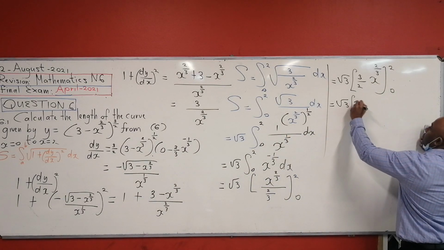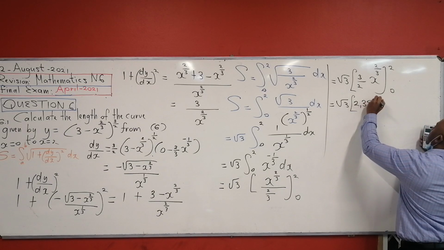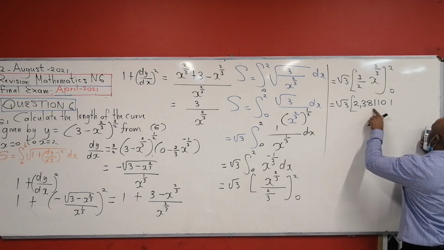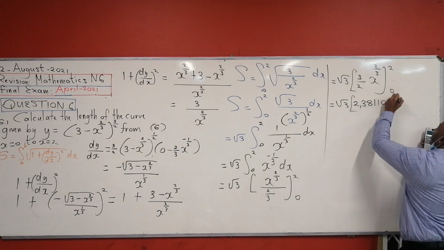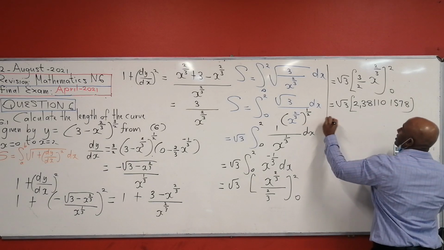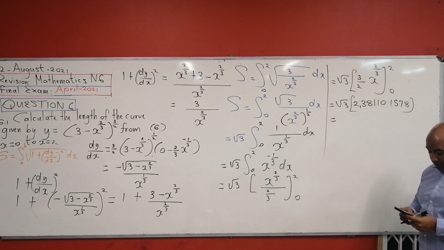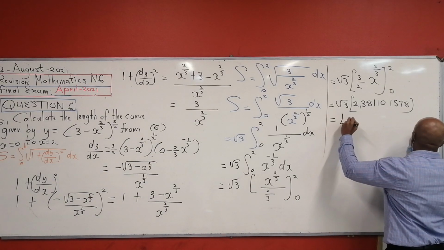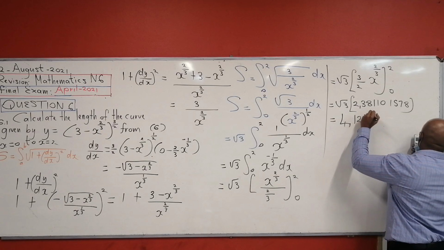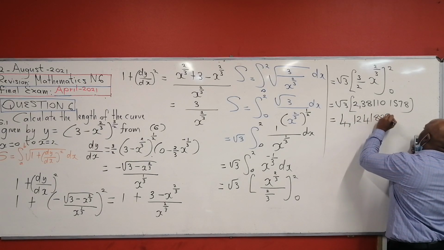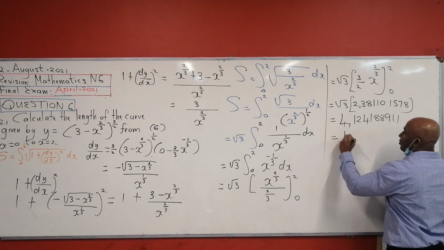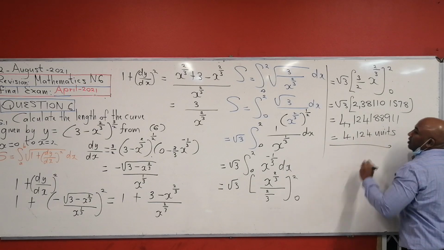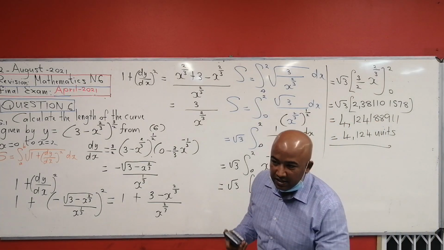Then I get 2.3811015 78. Multiply by square root of 3, which is equal to 4.12418 8911. So this is equal to 4.124 units, rounded off to 3 decimal places.